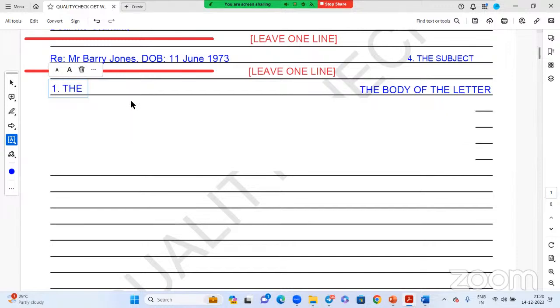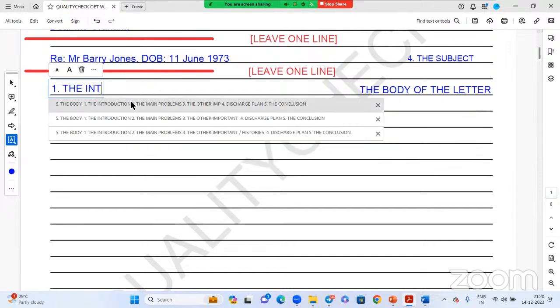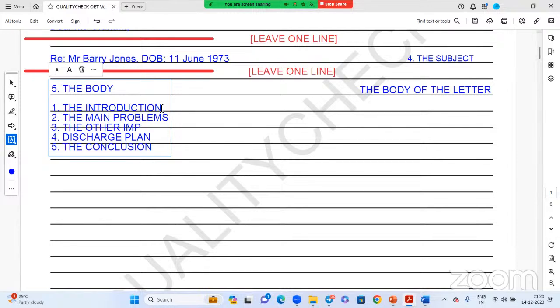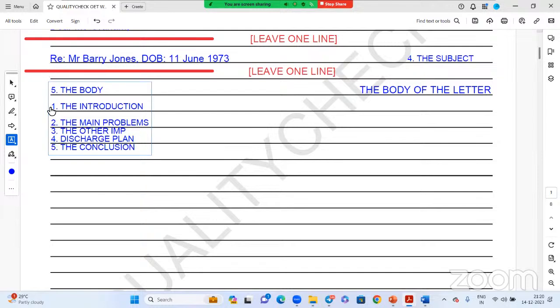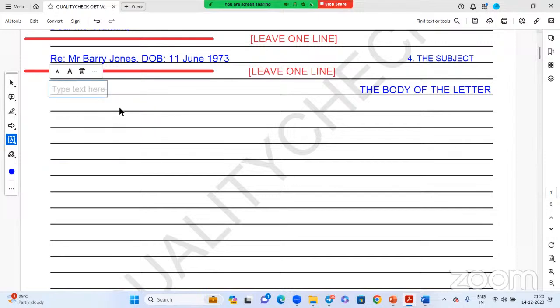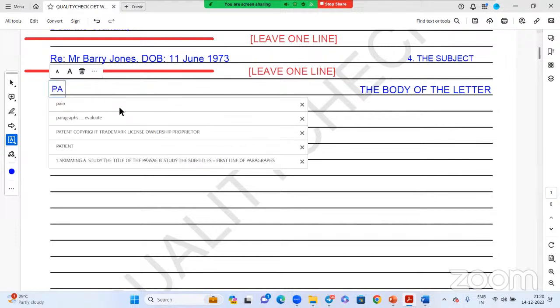First one will be the introduction. So the main problems, the other important problems, the discharge problem, the conflict, all these things will come here.